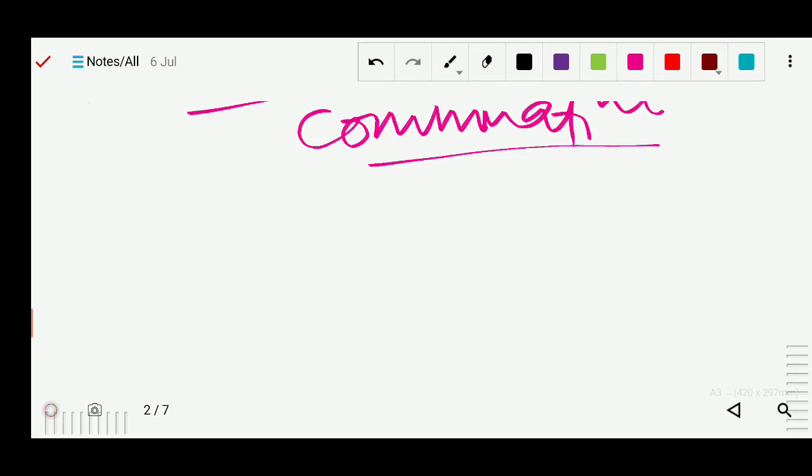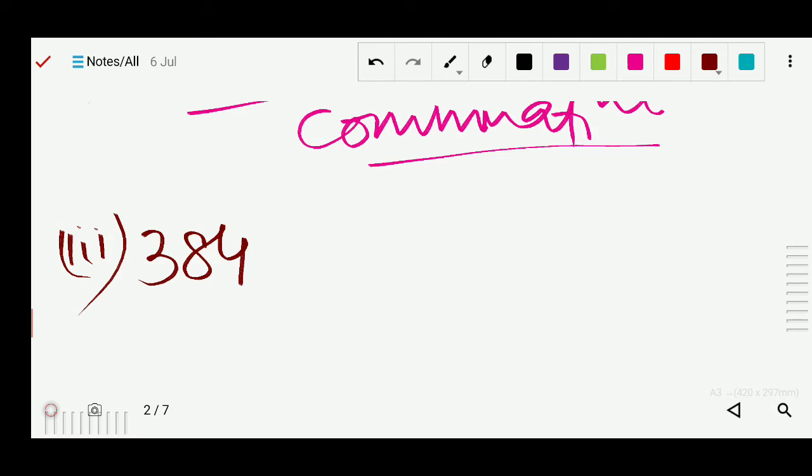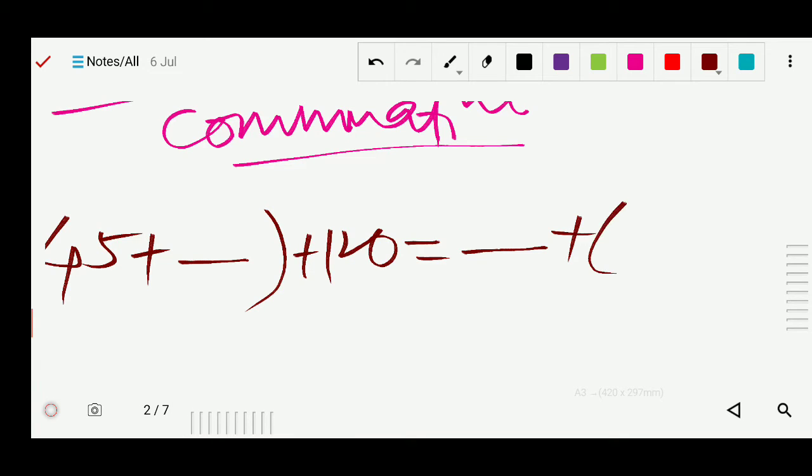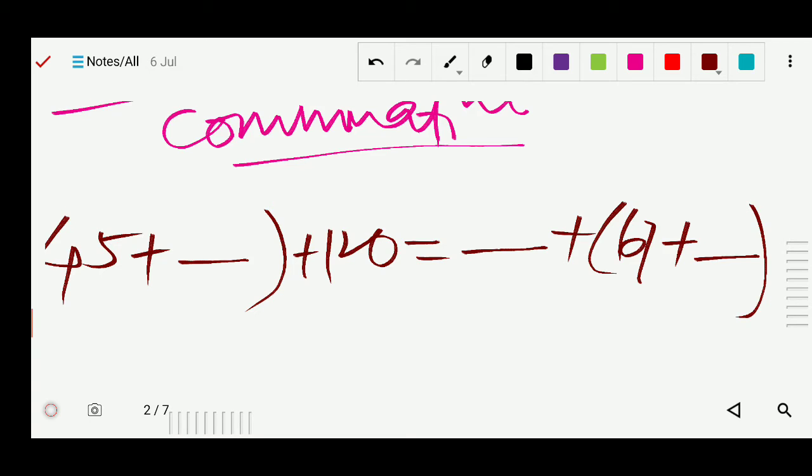Okay, next we will solve the second question, number 2: 45 plus 120 equals dash plus 67 plus dash in brackets. First of all, you can see which numbers are missing.